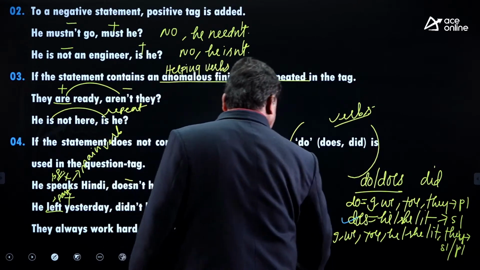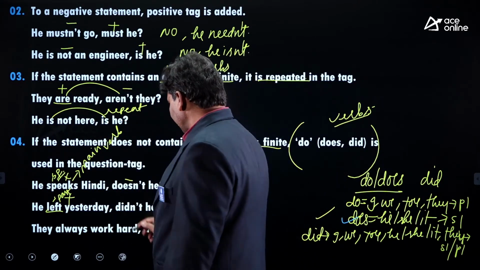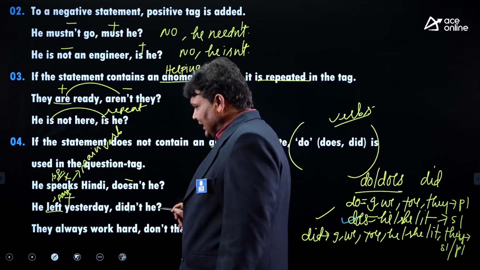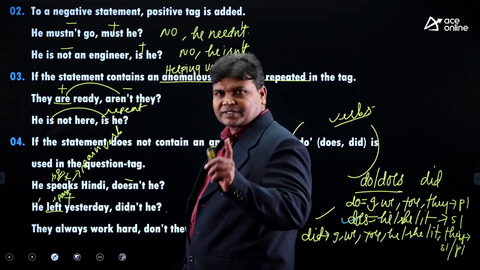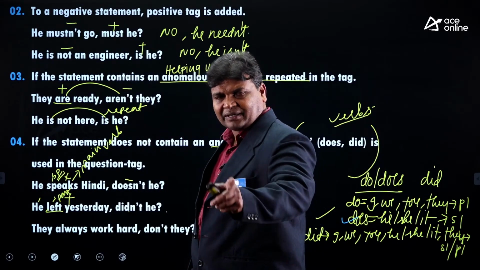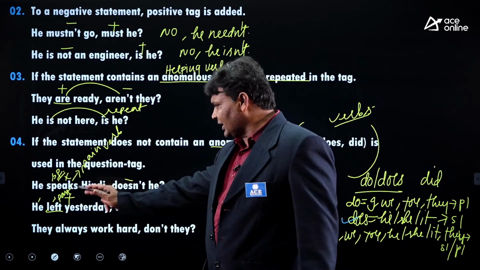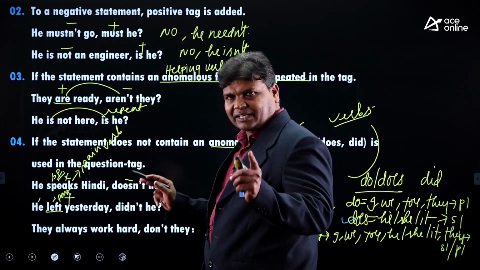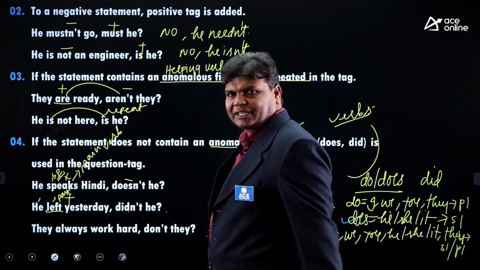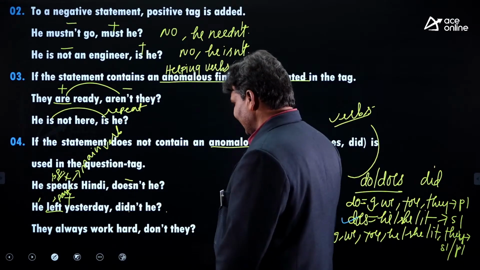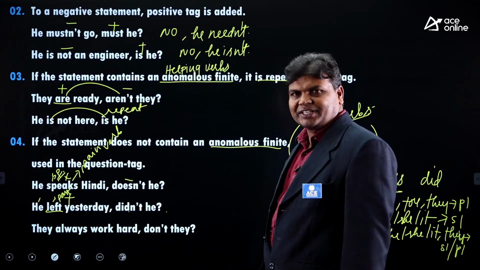Definitely. Now what are we to activate now? Did we have to activate. So didn't he. So definitely the same person, the same number, and the same what we call it as, students, gender now. He, masculine gender, there is no feminine gender there now. He left yesterday, didn't he?